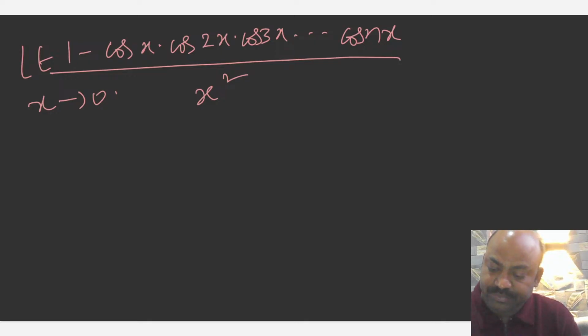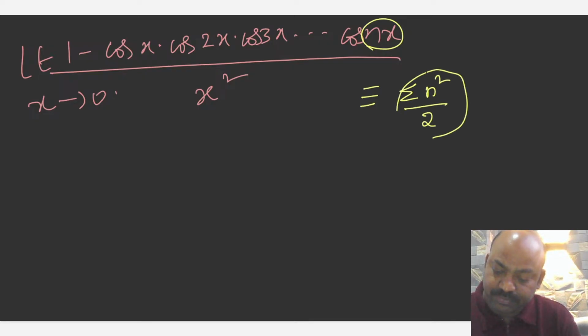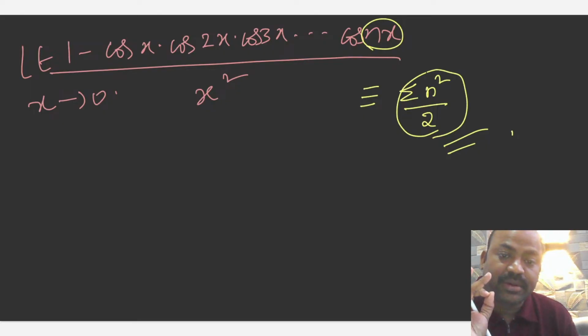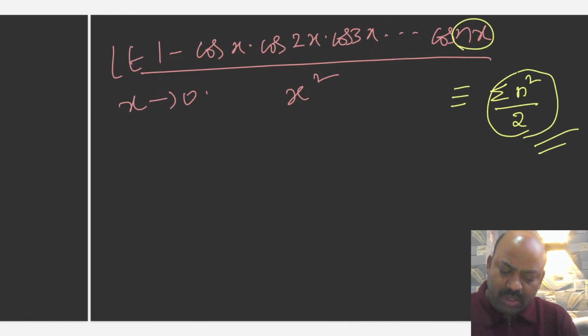I am generalizing now. Whenever you have this type of thing, the answer for this beautiful question is sigma n square by 2. Are you there? Write it down somewhere in your notebook very carefully. And people are asking this type of questions. It should have 1 minus cos x, cos 2x, and so on, cos nx. Is it okay?